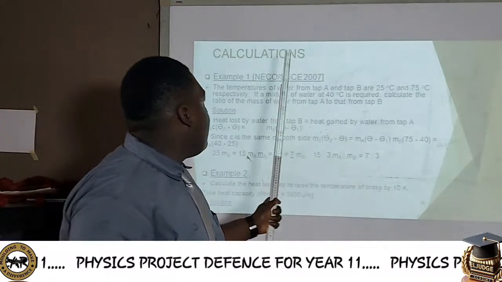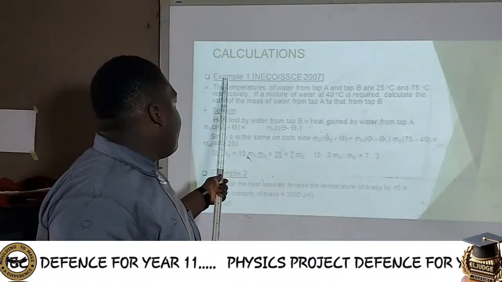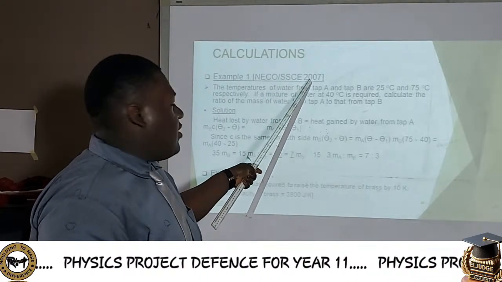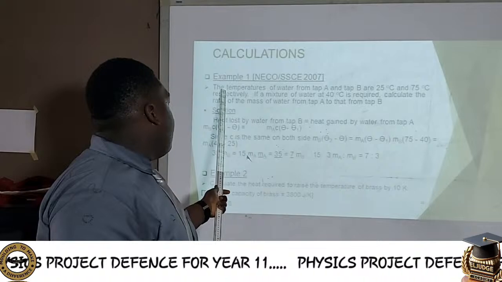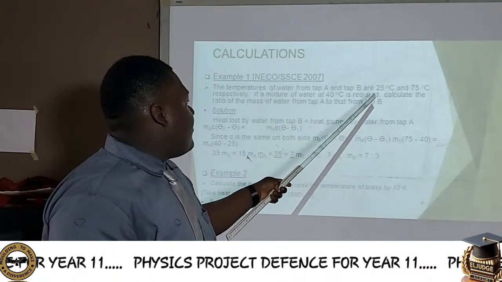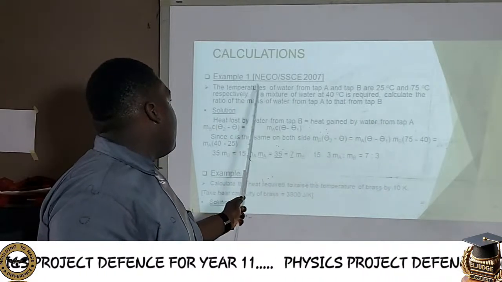So these are calculations under specific heat capacity. Example 1, this is a NECO/SSC 2007 question. The temperatures of water from tap A and tap B are 25 degrees Celsius and 75 degrees Celsius respectively.